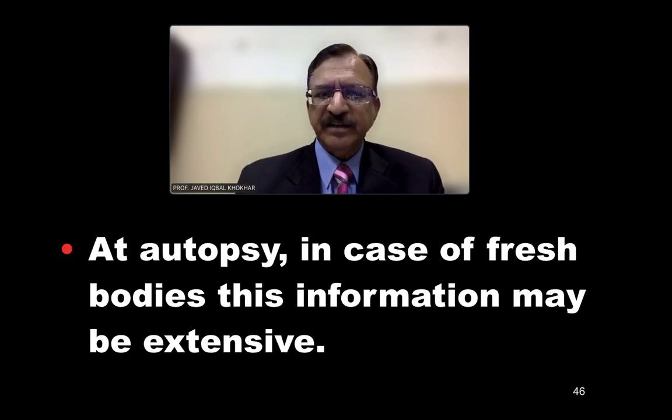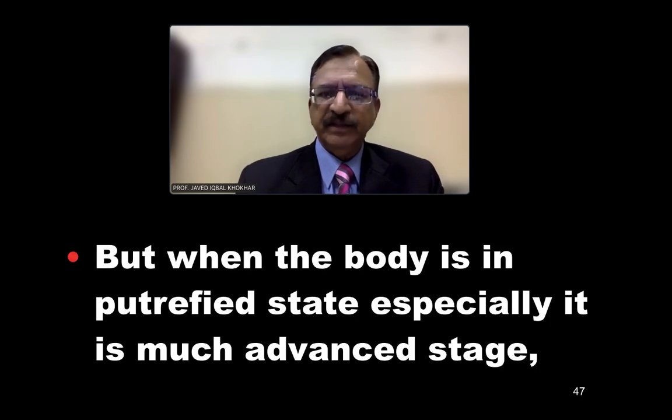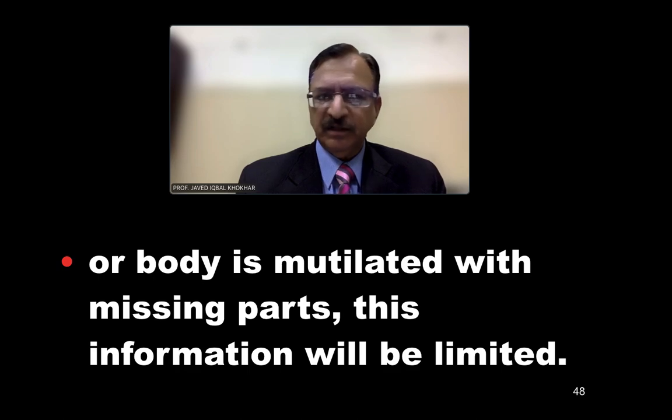At autopsy in fresh bodies, this information can be unlimited. Extensive information can be gathered if the body is in front of you and the body is fresh. But when the body is putrefied, decomposed, especially when the putrefaction is in a much advanced stage, or the body is mutilated or some parts are missing, then this becomes limited information.